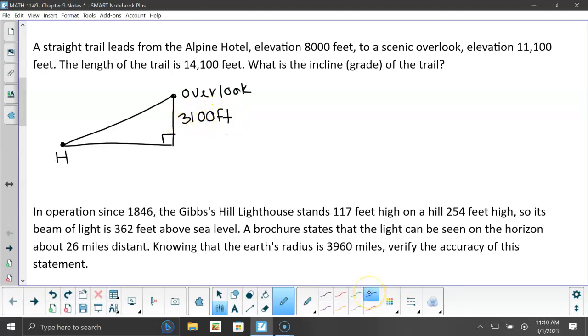All right, they tell me that the trail itself has a length of 14,100 feet. Now, what they're trying to get to is the angle of incline. That's this little theta in here. Have you guys ever noticed when you're driving, there will be signs that say steep grade, especially if you go up and down mountains?